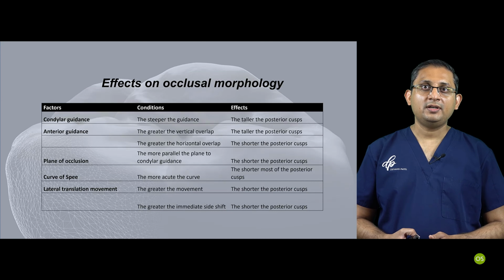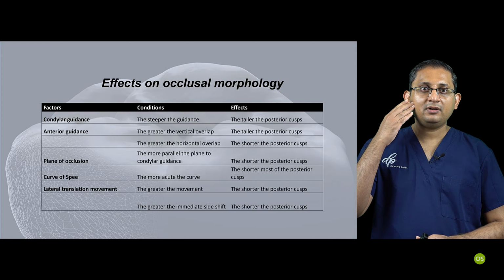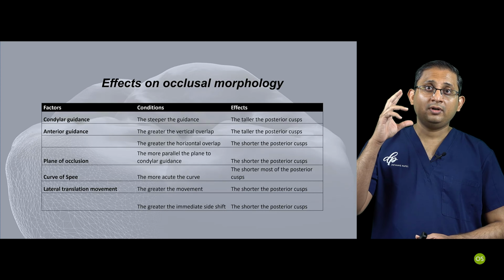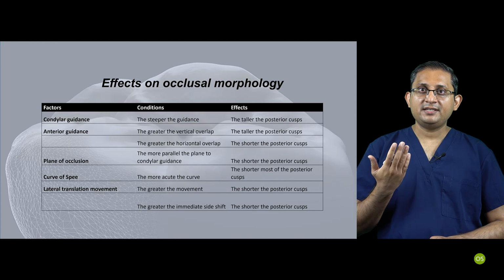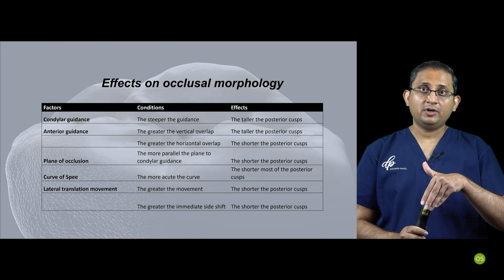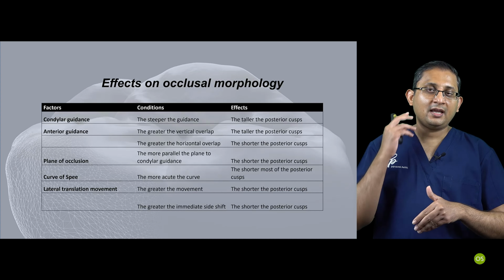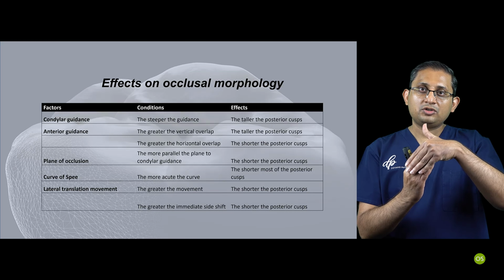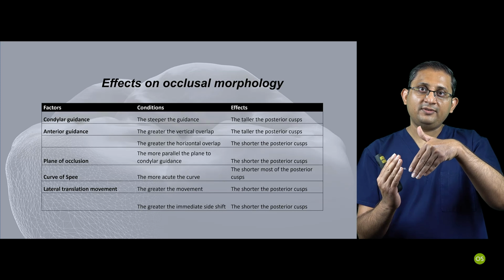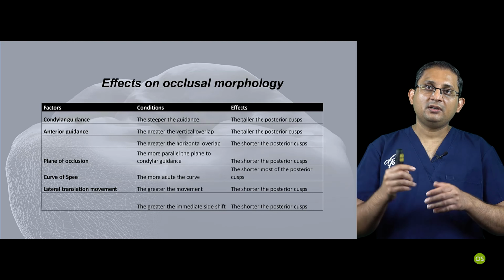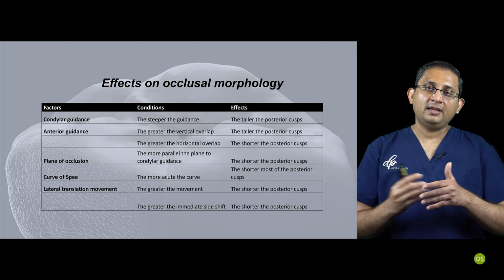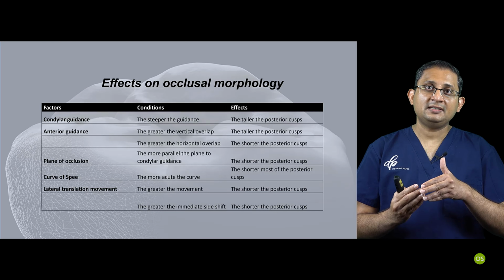So if we look at the condylar guidance, again as we discussed, if the condylar guidance is steeper, you can do taller cusps because you can get immediate disclusion. If your anterior guidance with the teeth is steeper, then your cusp tip can be taller, because as soon as you try and move forward or sideways, the teeth disclude immediately. So if you have taller cusps, you cannot have interferences because the disclusion is immediate.